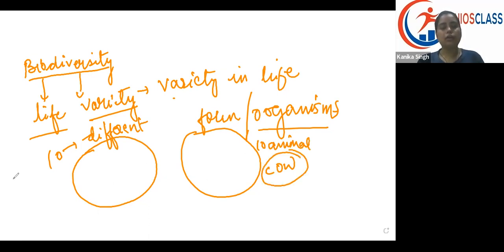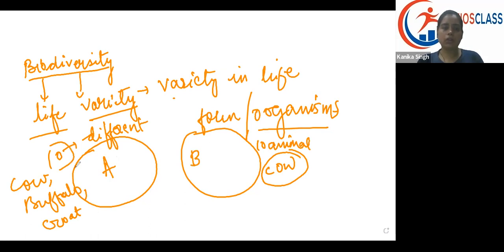So here you can find cow and buffalo, goat, mostly all of the herbivores. So can you please tell me where is the diversity present, in A or in B? Because they both have 10 organisms, the number is the same.